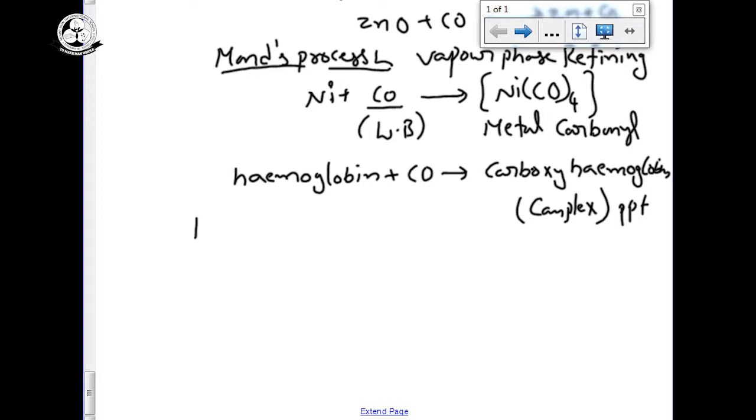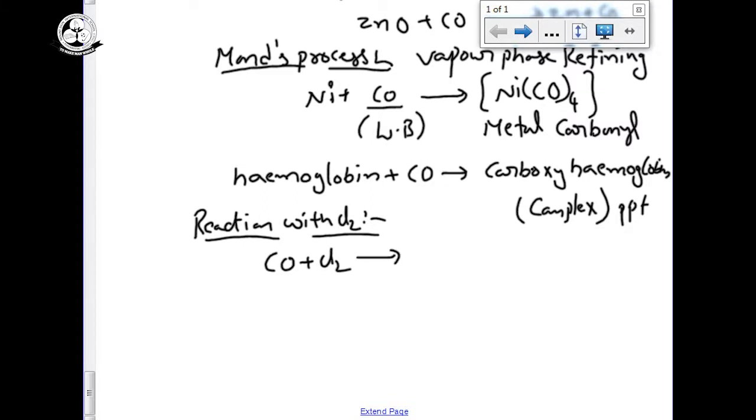Next, reaction with chlorine. The most important reaction: carbon monoxide on reaction with chlorine forms one important compound, COCl2.